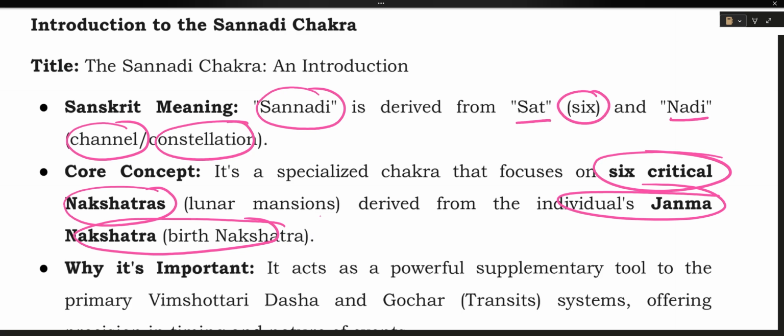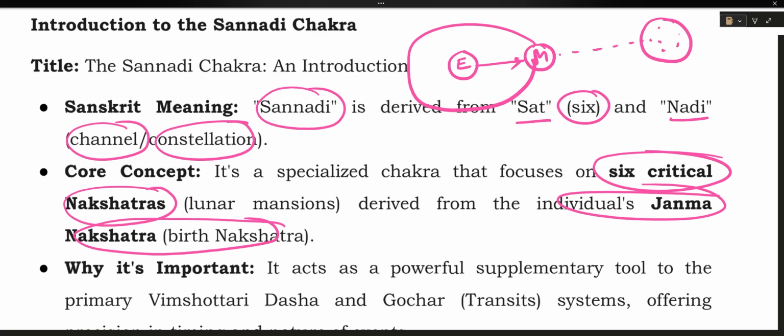The core concept is that it is the 6 critical nakshatra or lunar mansions we consider from the individual's Janma nakshatra. So we have to count from the birth star. First of all, let us get familiarized with the birth star or Janma nakshatra. Nakshatra means star. Suppose we are here on the earth, and we have the moon revolving around the earth in a circular pattern. When we look at the moon from the earth, whatever constellation or nakshatra group we see in the background, we have 27 different groups in Vedic astrology, and any one of these will be there.